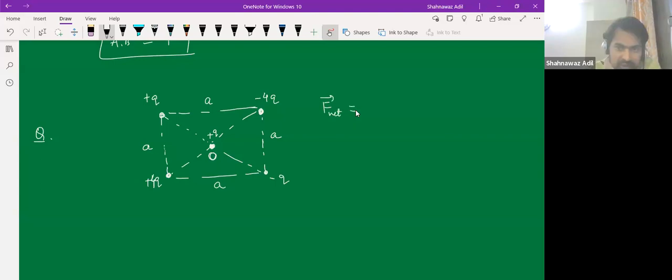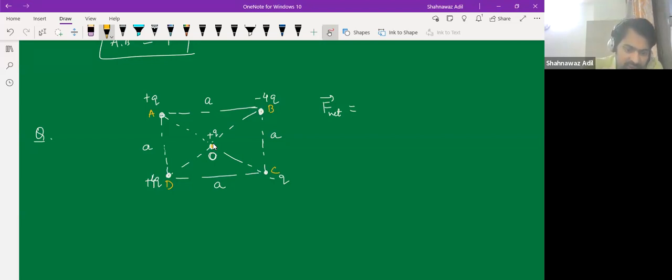This is what you want to calculate. How many contributions of forces would be there for this center charge?